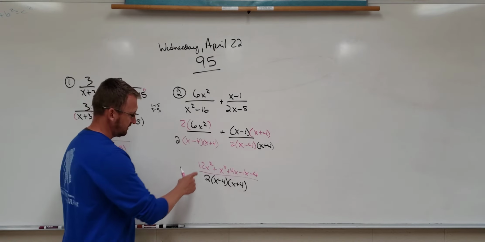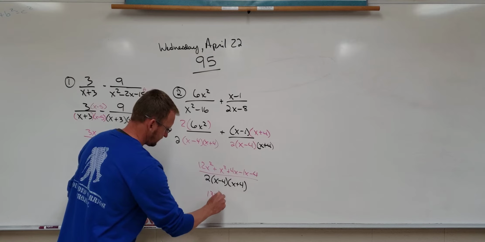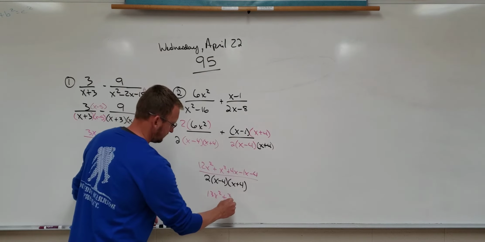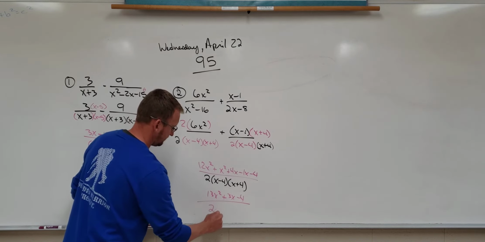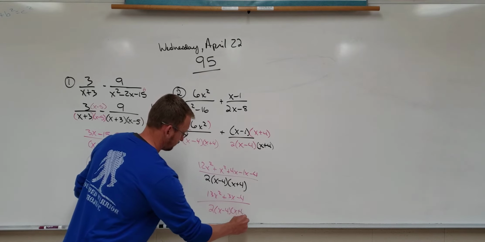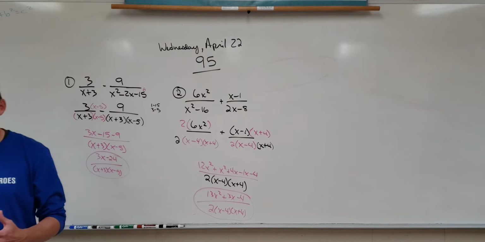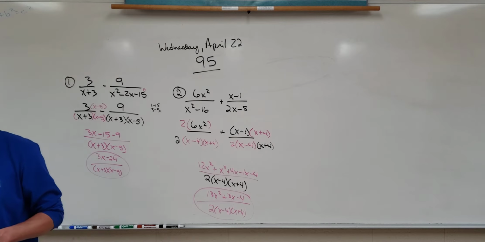Combine your like terms. 12 plus 1, 13x squared, plus 4 minus 1, 3x, minus 4, all over our common denominator of 2, x minus 4, and x plus 4. Okay? Those are a little bit trickier, a little bit tougher to do. But you can do those. All right, example 4a.